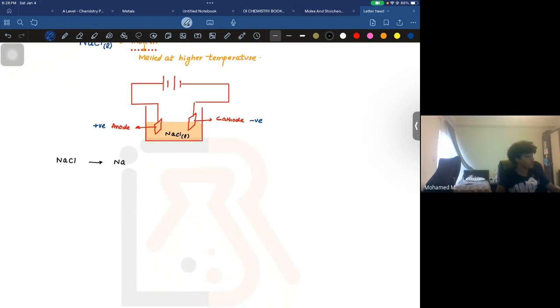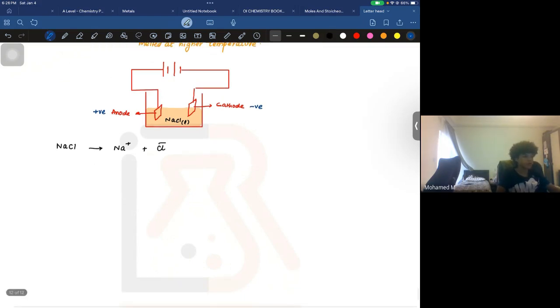Initially, you would be getting Na plus and Cl minus. Then you have a lot of cations and anions in this container. Opposite charges attract each other. All the cations would go towards cathode and all the anions would go towards anode.